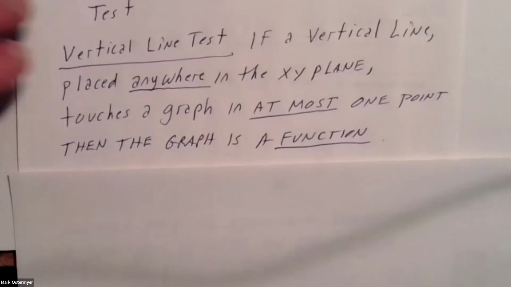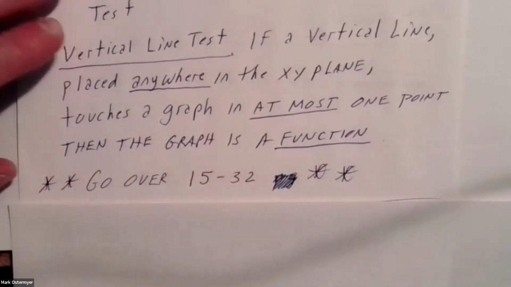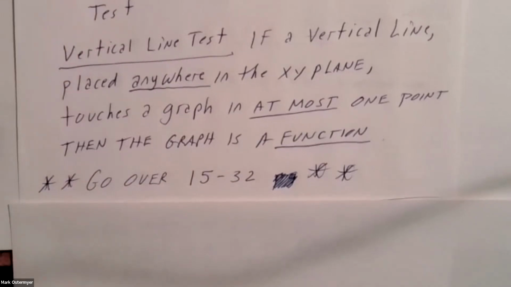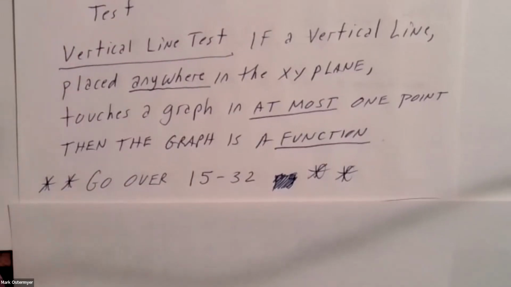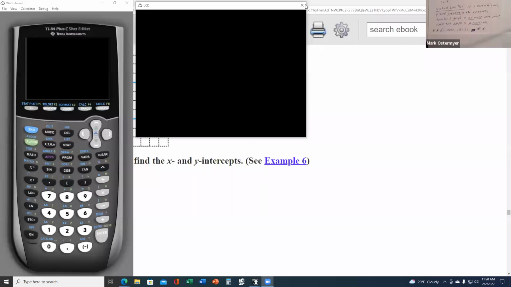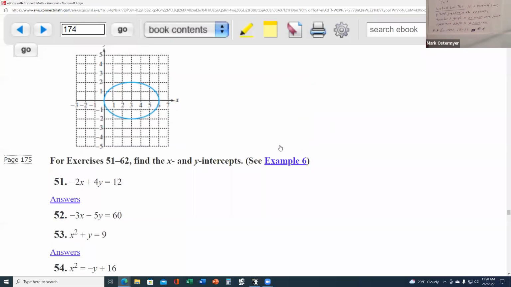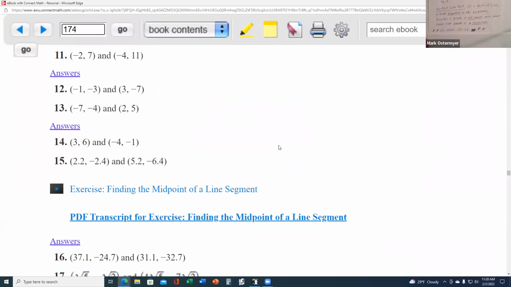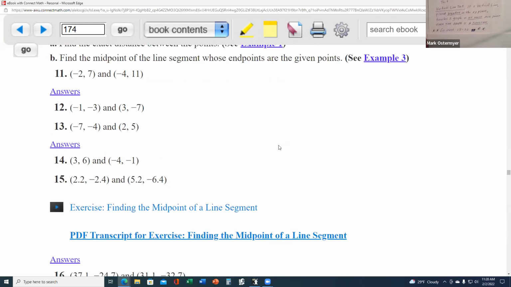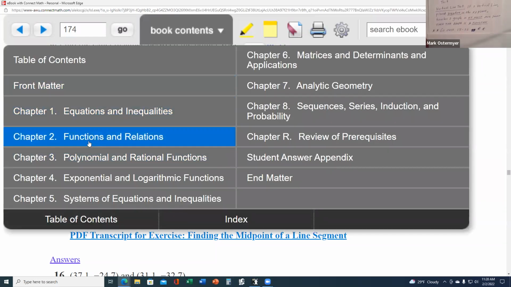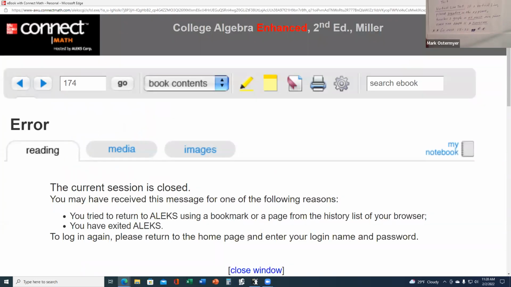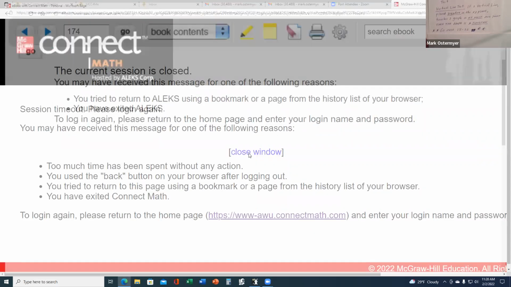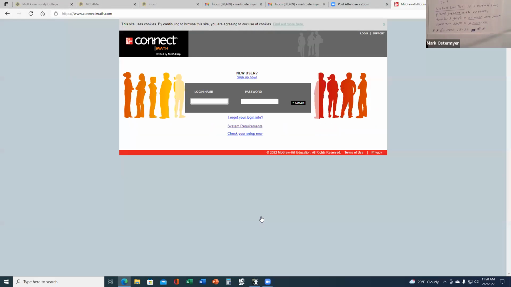All right, let's see if we can put it to work. Let's go to our book and go over problems 15 through 32. Wrong section. We're now in section 2.3. I got timed out. I'll have to log back in. Bear with me for a sec.